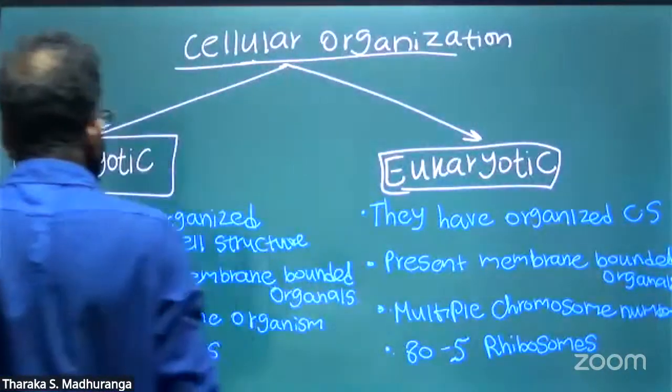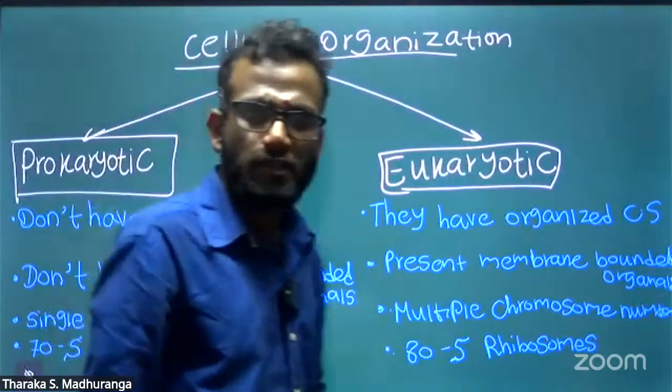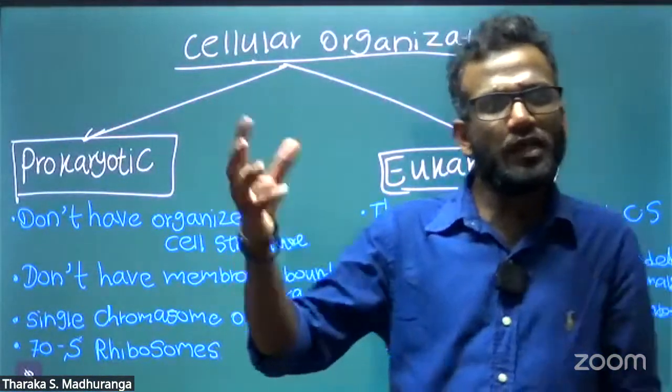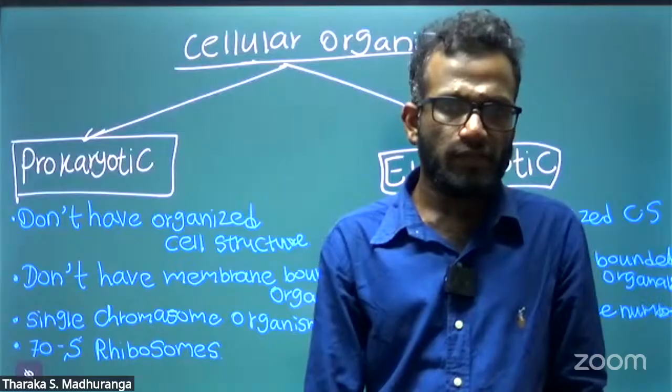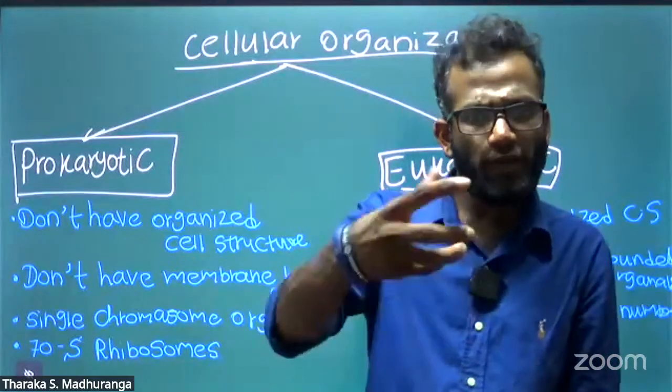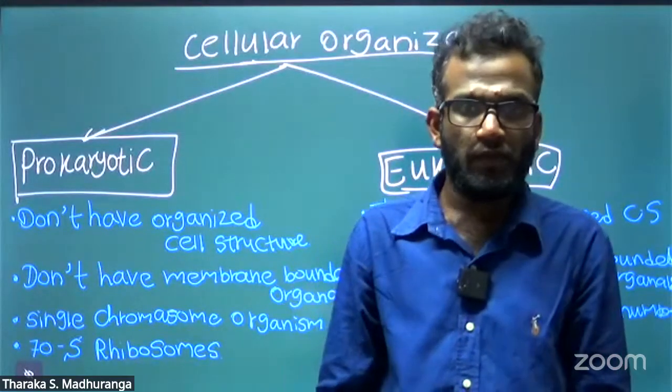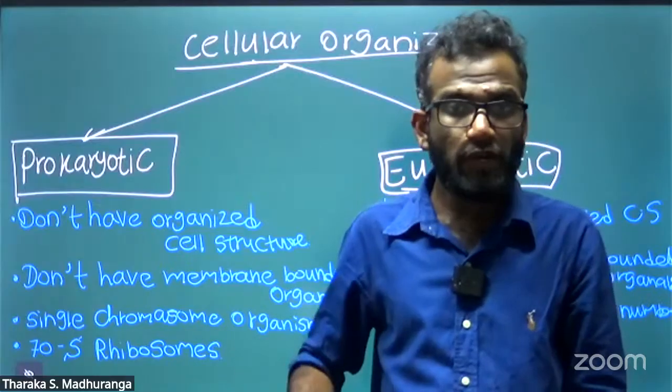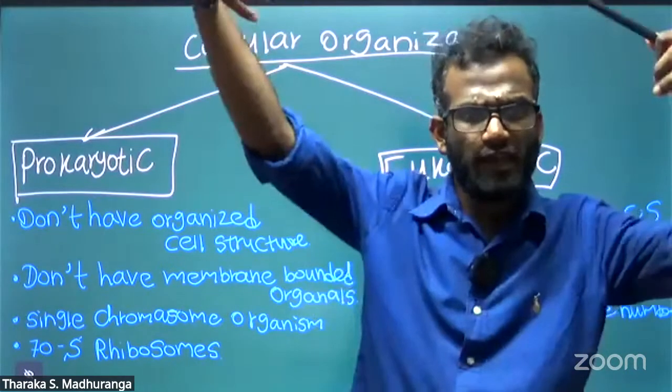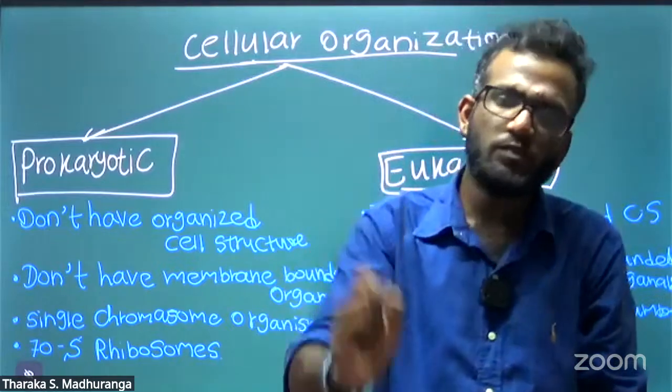If we consider the size, the prokaryotic organism size is very small. You already know prokaryotes are always microorganisms. Eukaryotic organisms like us are comparatively large.